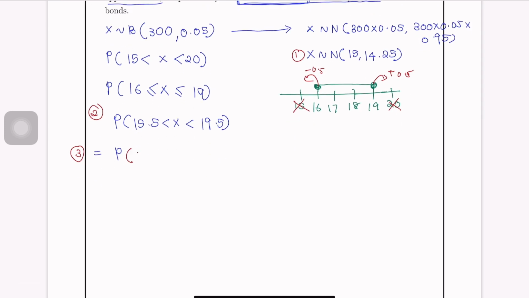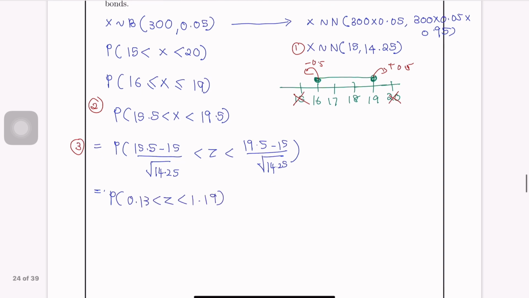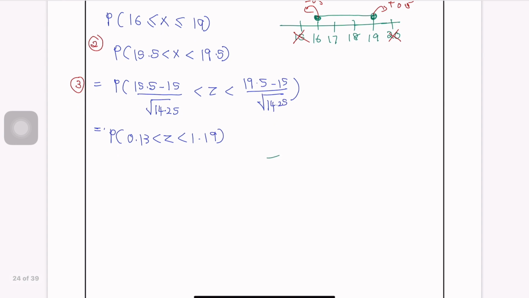Probability of 15.5 minus mean over standard deviation, square root of 14.25, Z, 19.5 minus mean over square root of 14.25. So here we have Z between 0.13 and 1.19.